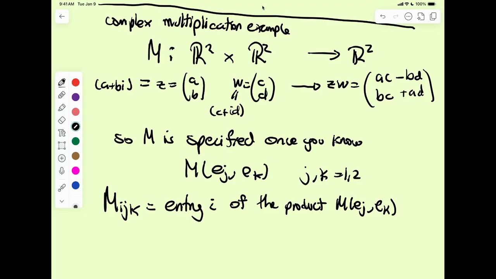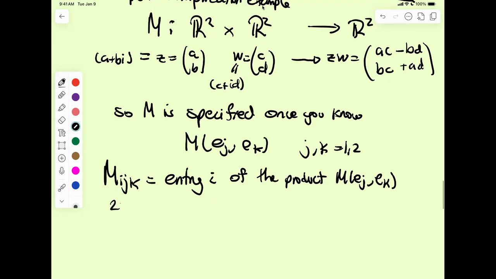So again, this is 2 by 2 by 2, because it's all on R2. So it's kind of like a cube with 8 entries. This is a 2 by 2 by 2 tensor, and it's order 3 because it has 3 indices.